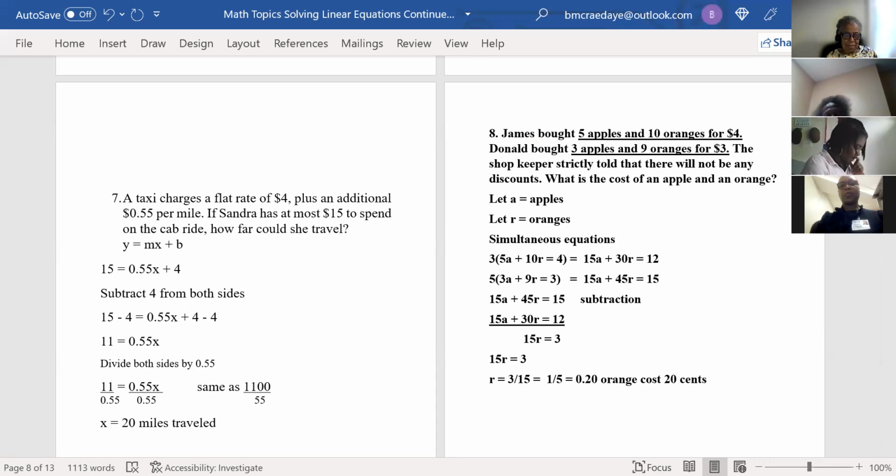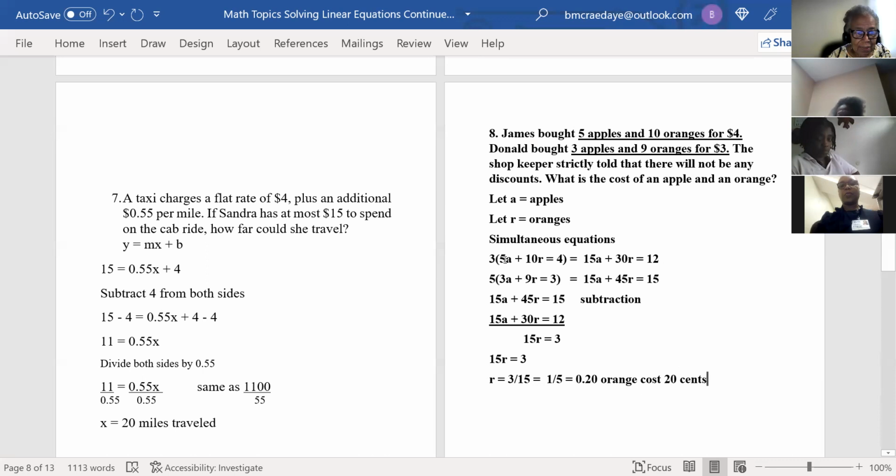How would I find the apple cost? I know the R, so you could really substitute into any of these equations for the orange and get the apple cost.